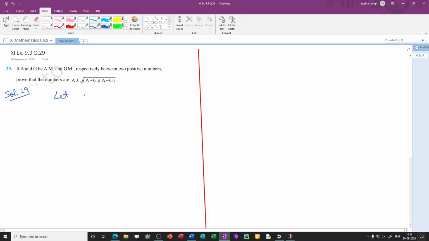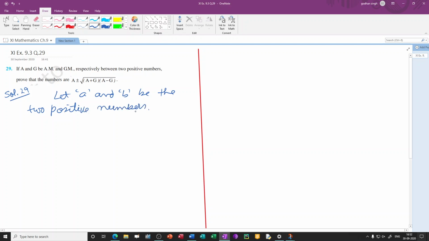let a and b be the two positive numbers.